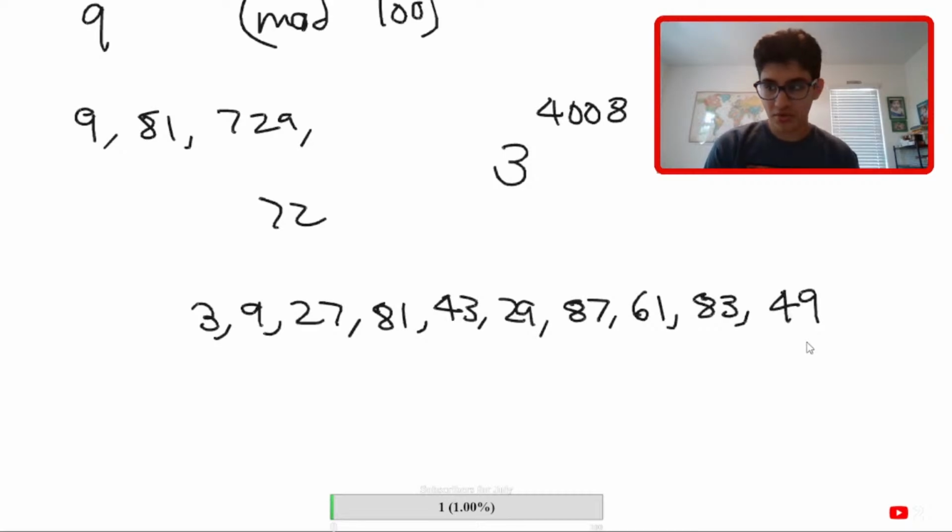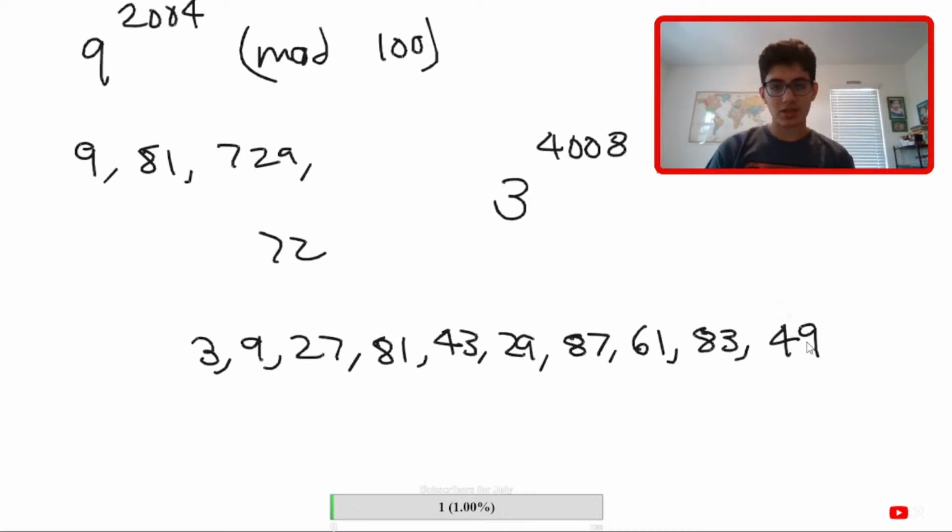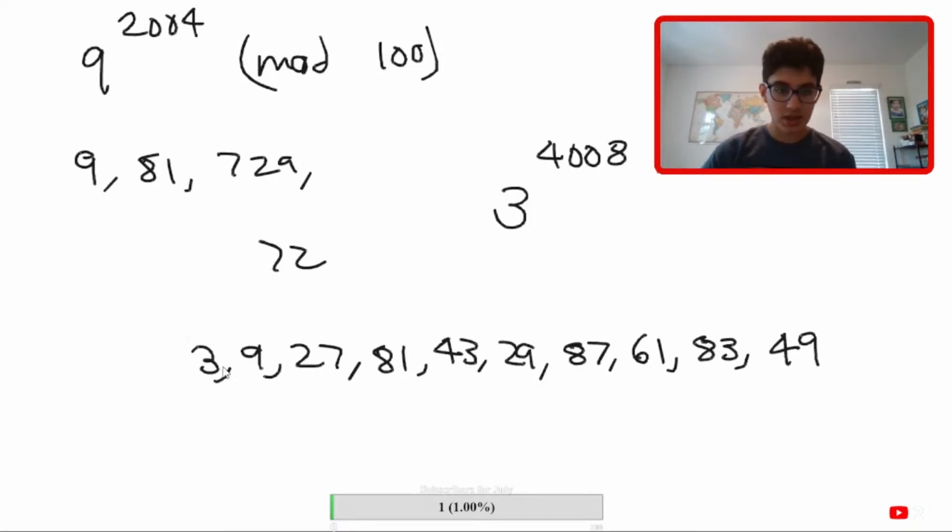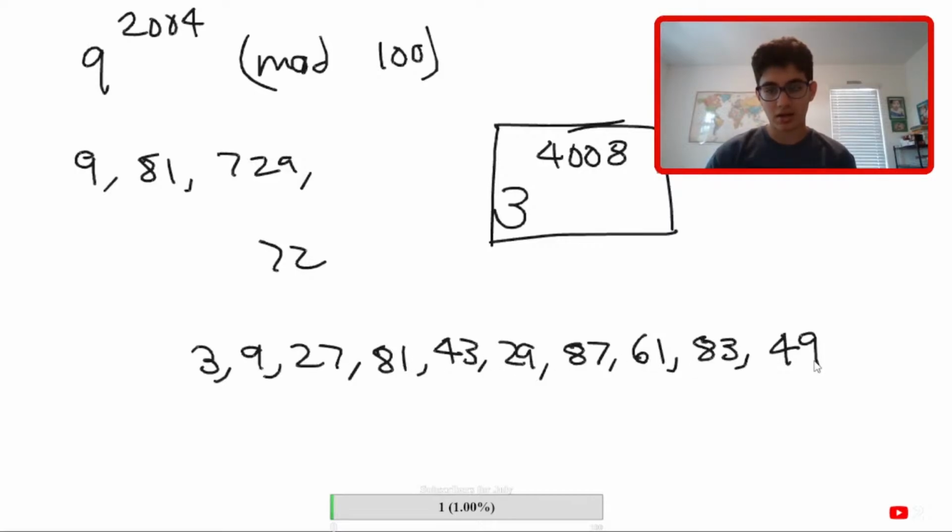If we can do it mod 50, that could help us out a lot. So this is basically equal to, how many is this? We've got 3 to the 4008. This is 1, 2, 3, 4, 5, 6, 7, 8, 9, 10, so 3 to the 10th.